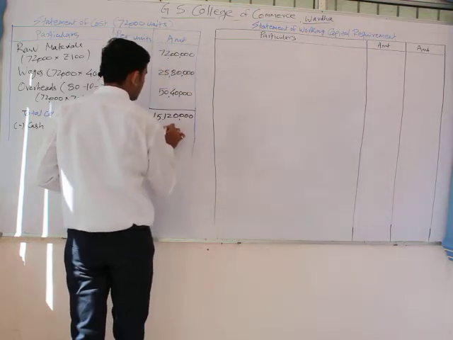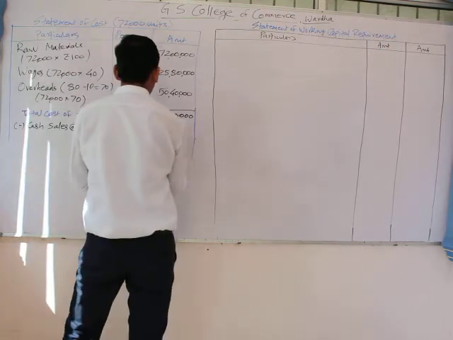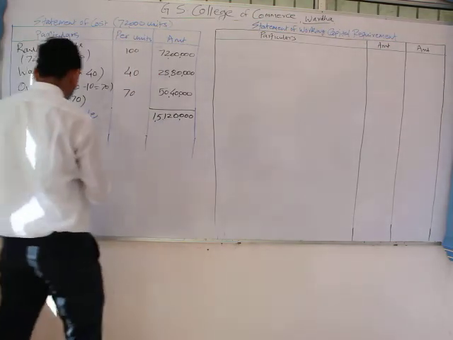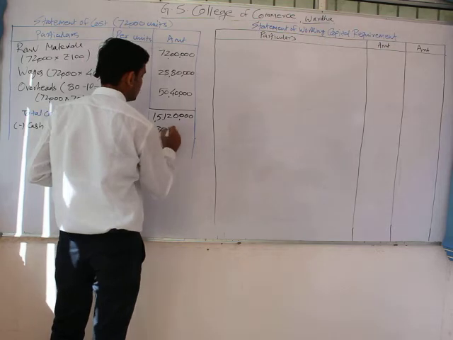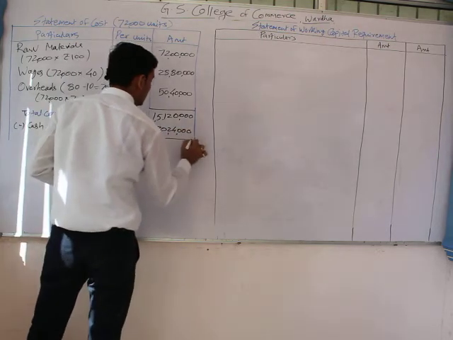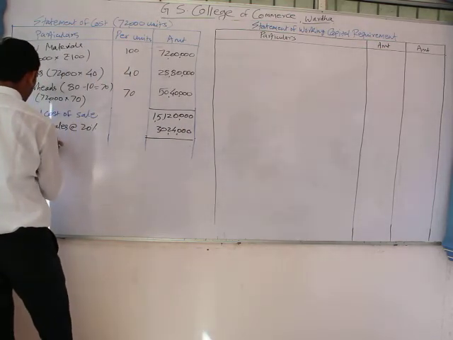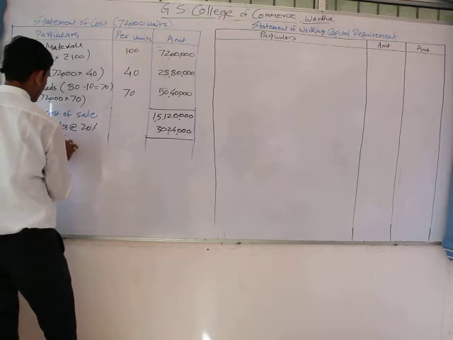We take that as the cash sale, and we have to deduct it from this so that we can get our cost of credit sales.